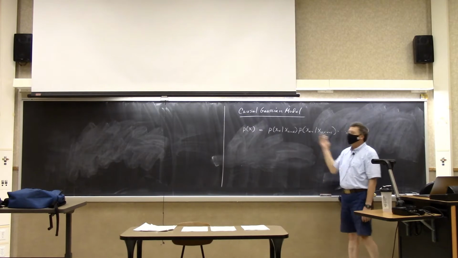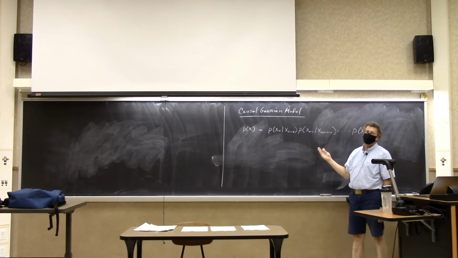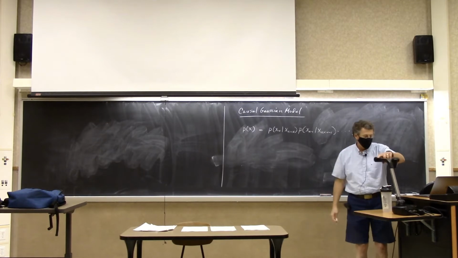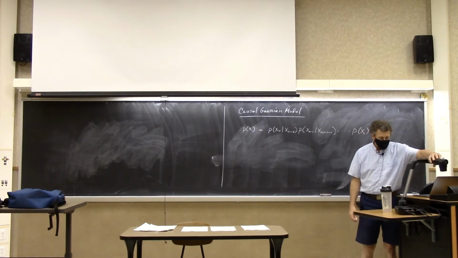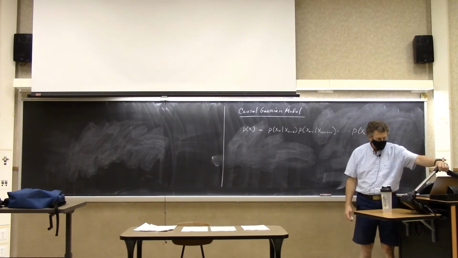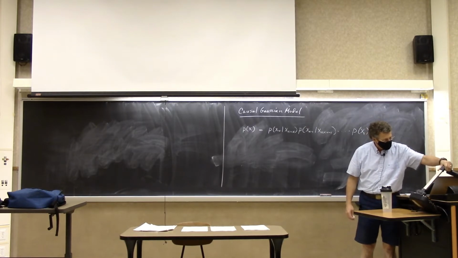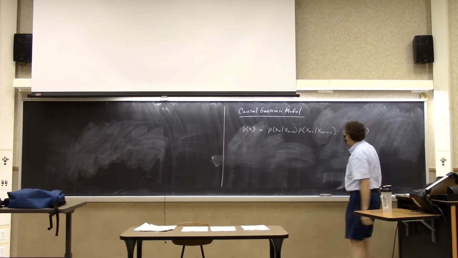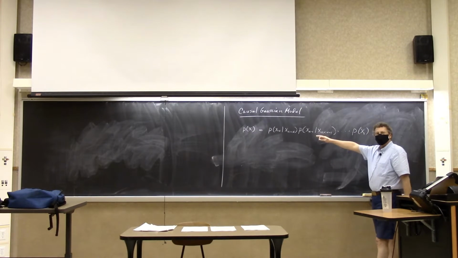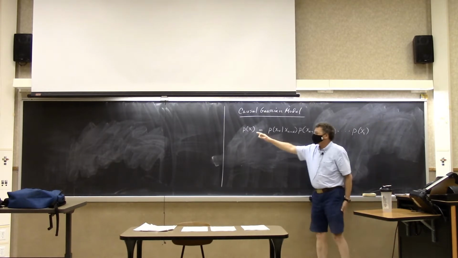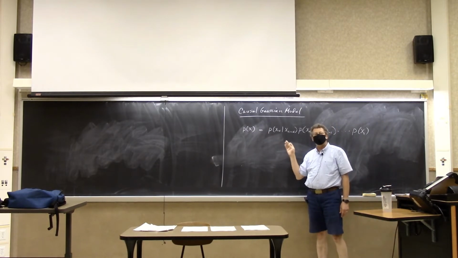So you can always do this. I know this isn't what is in the book, but I'm giving you a different perspective on this. You can always write down the probability distribution of x as the product of the probability of each step.